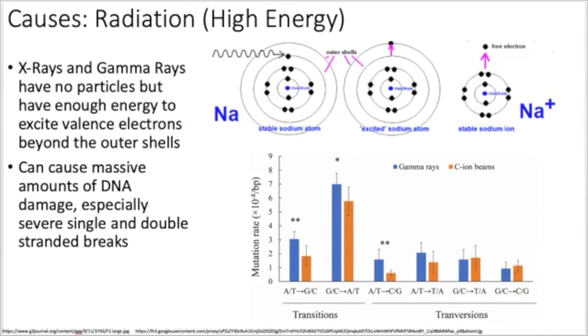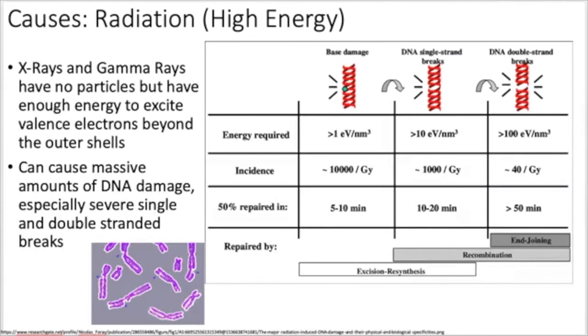So let's talk a little bit about the kind of damage they can cause. When you have different amounts of radiation, the point I wanted to hit here was that we're going to talk more about DNA repair later. But when I introduce the amount of energy, in this case where the energy is going up as we go to the right, and how often, Gy is grays, so that's just a measure of radiation. It's like rads.